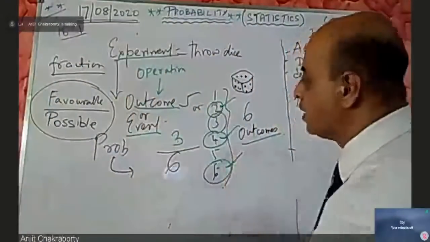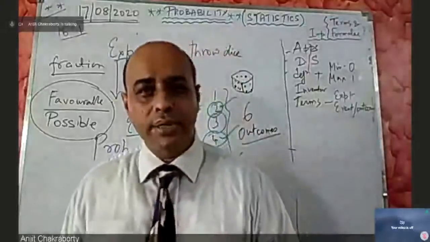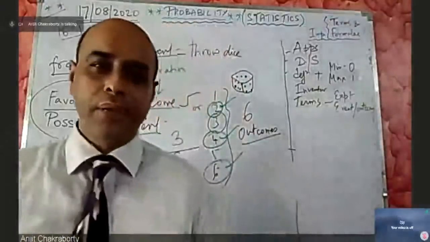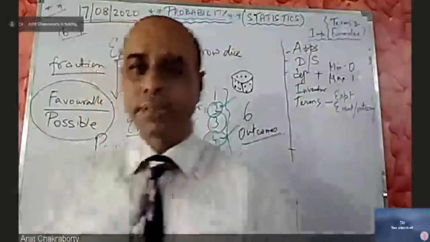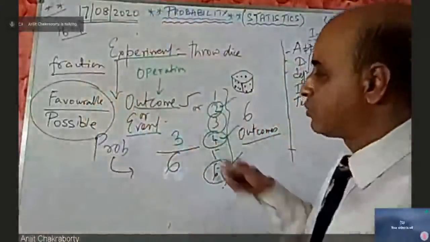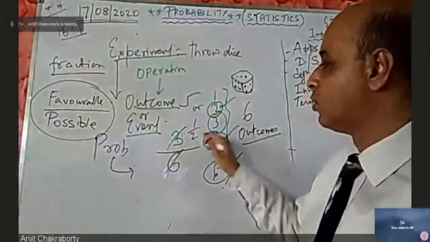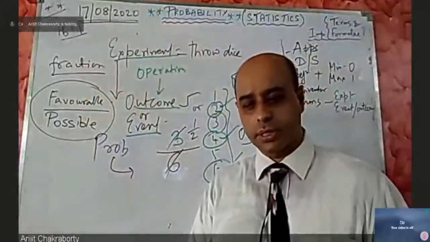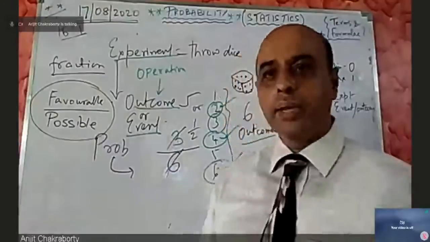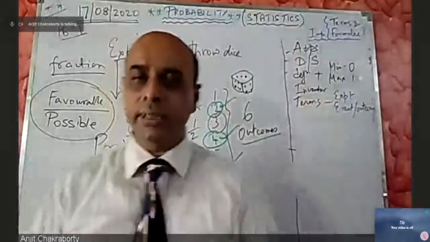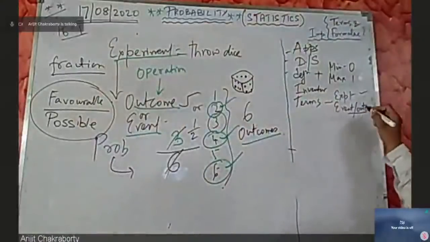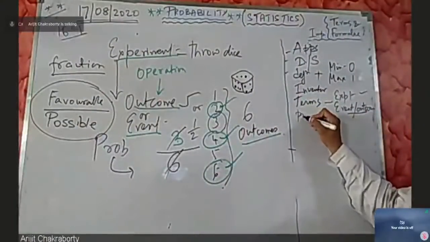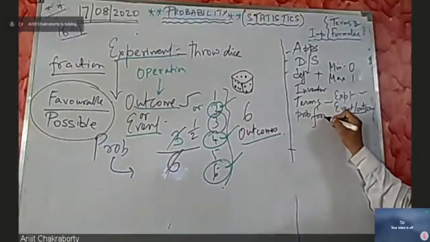In this example, the number of possible cases is 6 and the number of favorable cases is 3. So the probability is 3 by 6, which means 1 by 2, half, 50%. So we have discussed experiment, event, and we have also seen the probability formula.